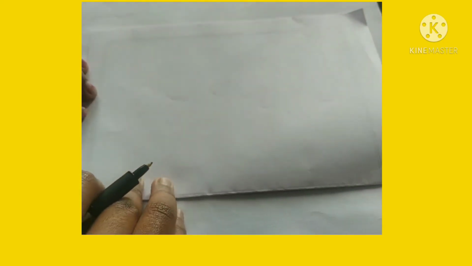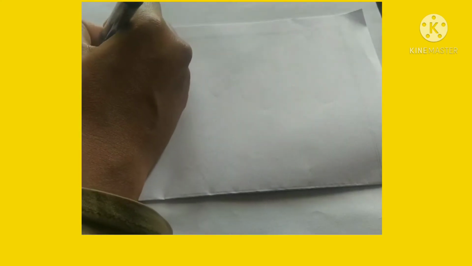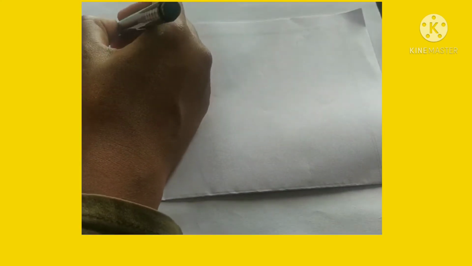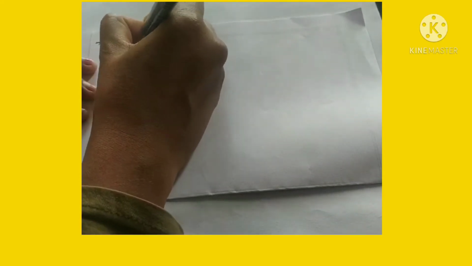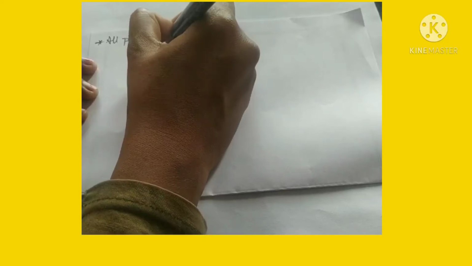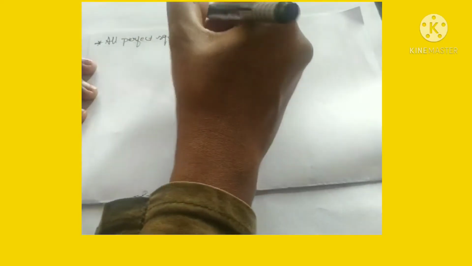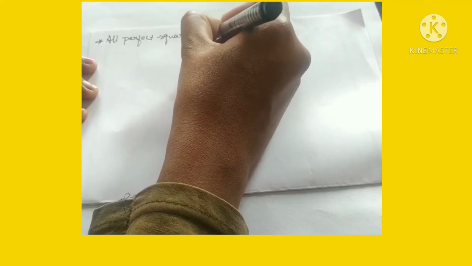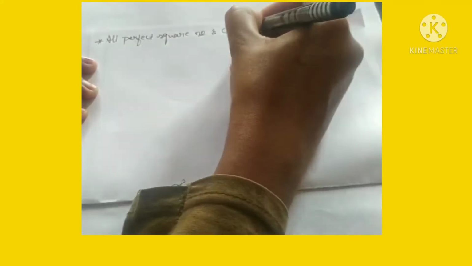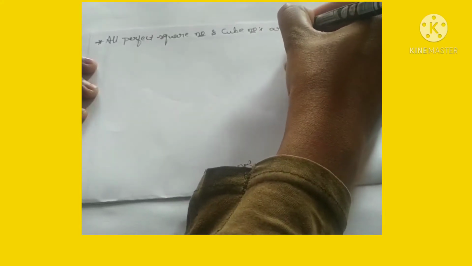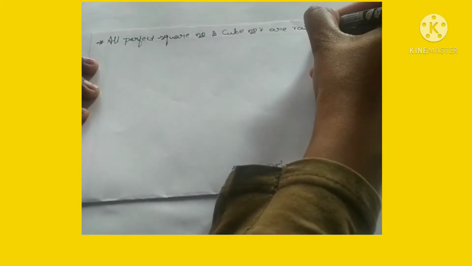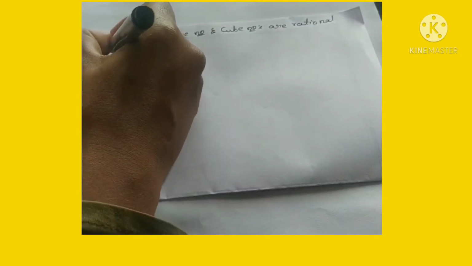Now there are some important points under rational numbers. I will note them down. The first important point is that under rational numbers, all perfect square numbers and cube numbers are rational numbers only.